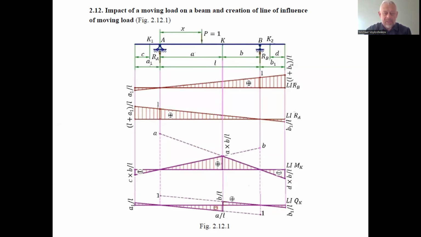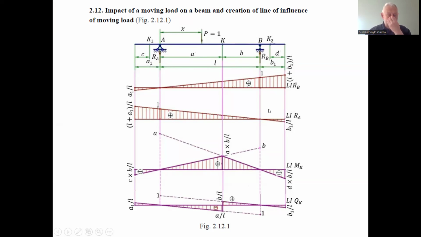To do that, the method is the creation of lines of influence of the factors. Factors can be the support reactions, the bending moments, and the shearing forces at the location of the point of application of the moment.